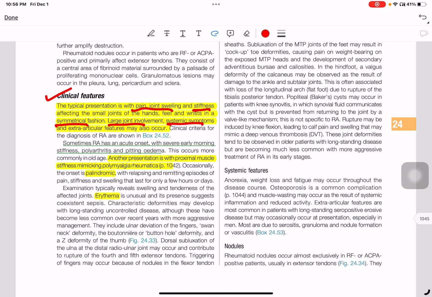The presentation may be acute, with early morning stiffness, polyarthritis, and pitting edema. Another presentation is proximal muscle stiffness, which mimics polymyalgia rheumatica. Another presentation is palindromic, where there are relapsing and remitting episodes of arthritis.